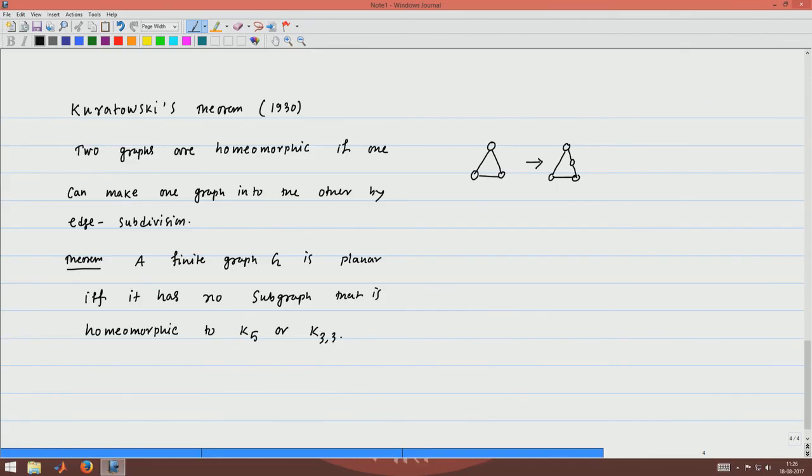Right. So, this is one characterization of planar graph. I just illustrate this theorem, I am not going to prove it. So, this theorem can be used to prove that this graph is non-planar.